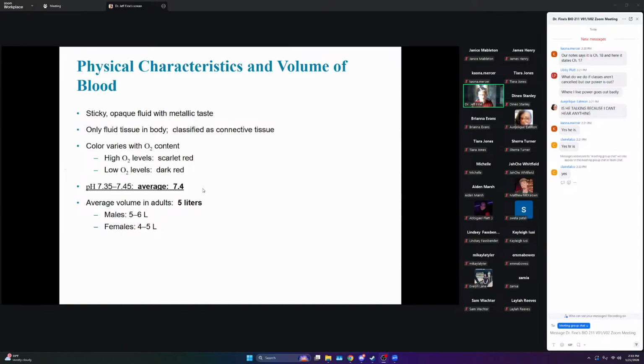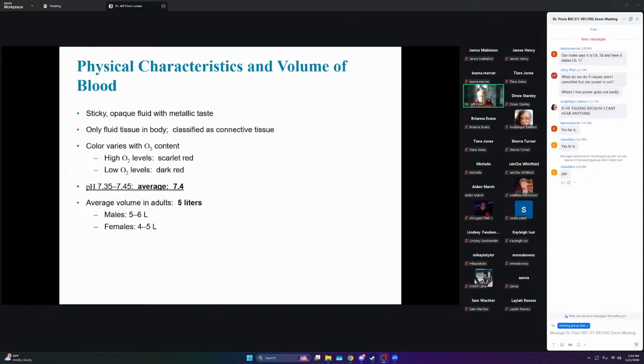Average volume of blood, about 5 liters of blood in an adult. We all know what a liter bottle of soda looks like. So you can imagine what 5 liters would look like. This kind of shows, and it's a little bit inaccurate, that males have around 5 to 6 liters of blood and females have 4 to 5.